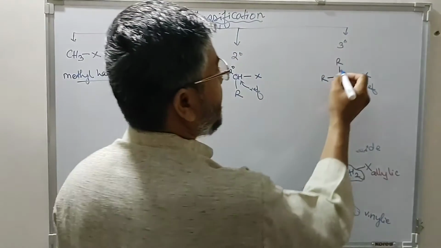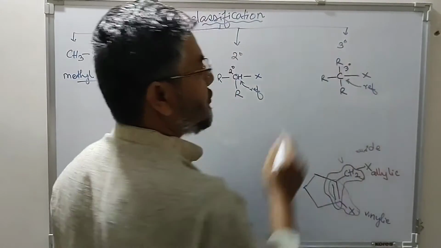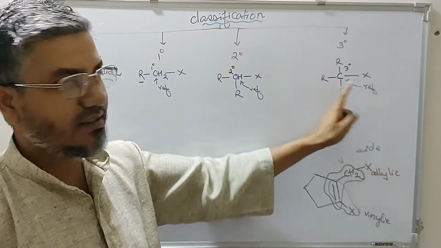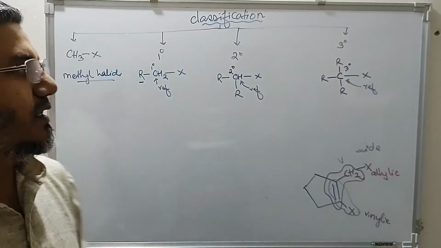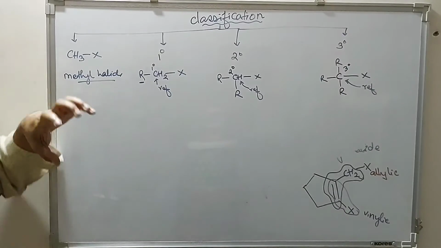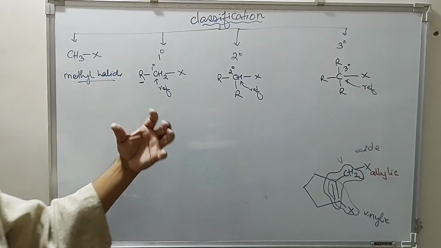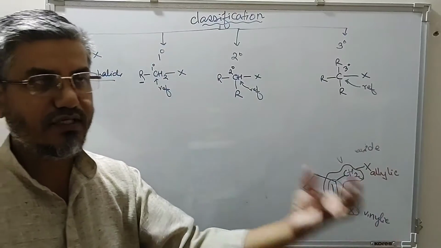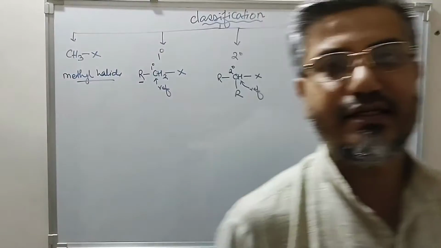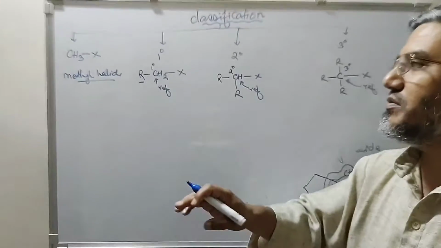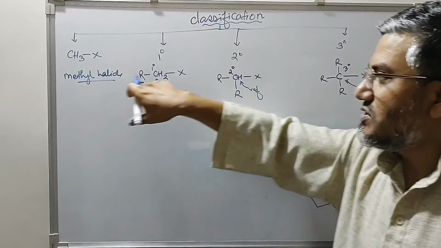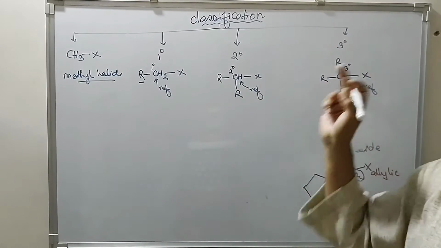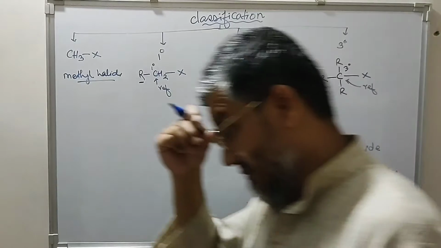So this carbon atom is known as tertiary carbon. So if halogen is attached to tertiary carbon, we say this is tertiary alkyl halide. So this is just classification of alkyl halide based on the nature of carbon in which the halogen is bonded. So this carbon may be simply methyl, primary, secondary, or tertiary carbon.